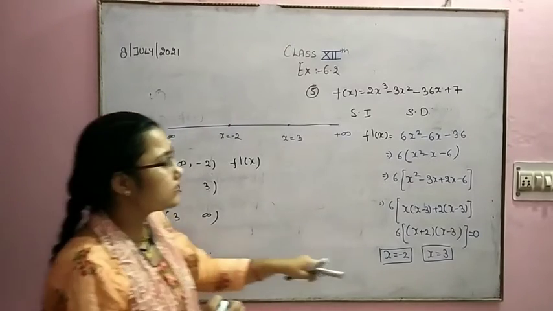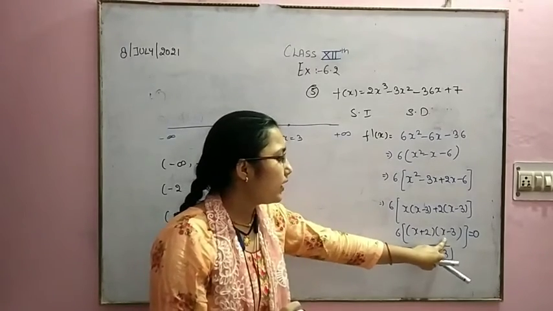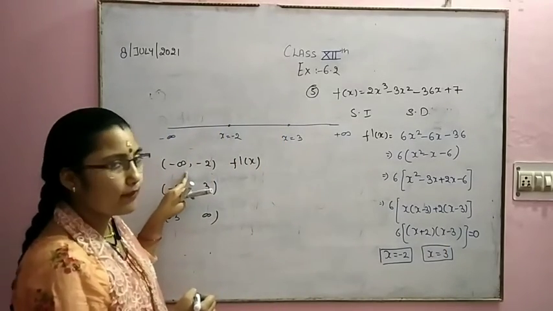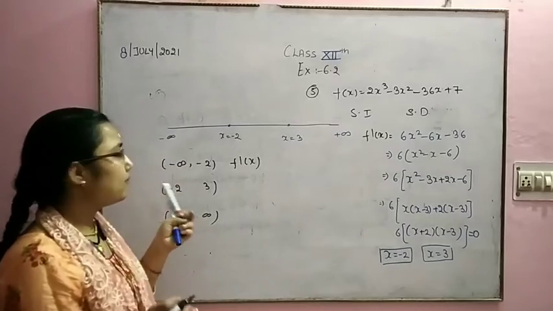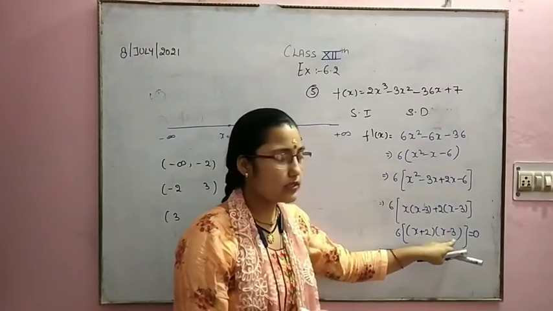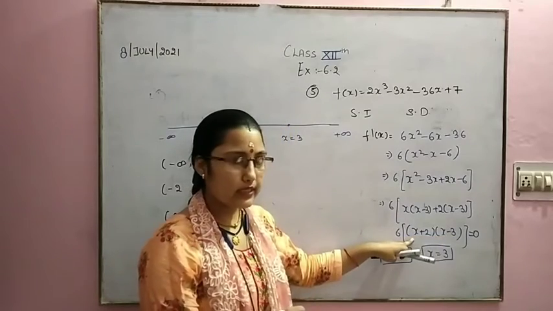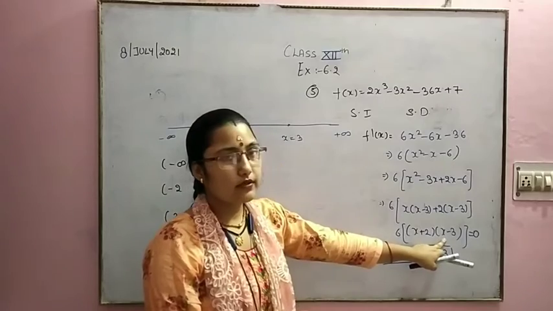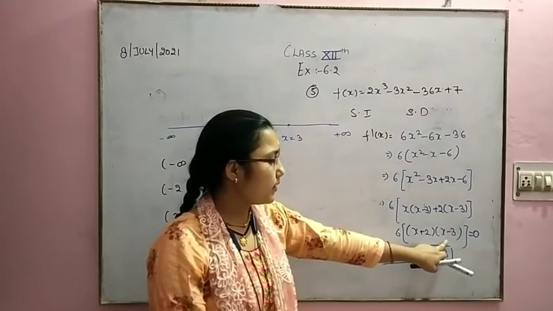F dash x we get x plus 2 and x minus 3. If we put values in negative manner, suppose take minus 4 here: minus 4 plus 2 and minus 4 minus 3. By solving this we get minus, and by solving this we get again minus. Correct?